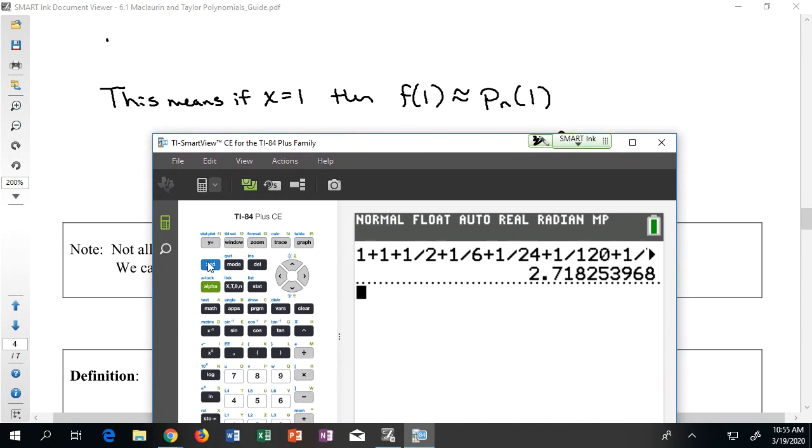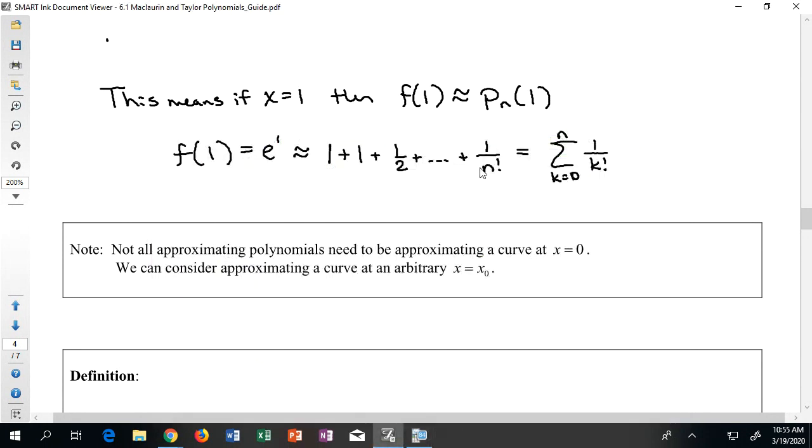I only went up to 8 factorial in the denominator, but if I look at what e to the 1 is, we have the first 4 decimal places perfect, and we only had to go to 8 factorial in the denominator. What if we went to like 800 factorial? I wonder how accurate we could be.